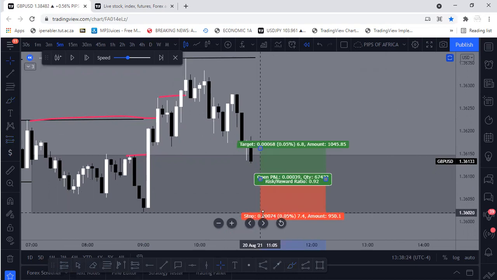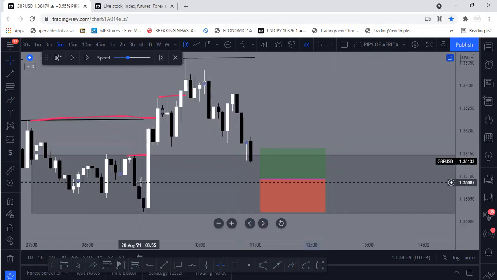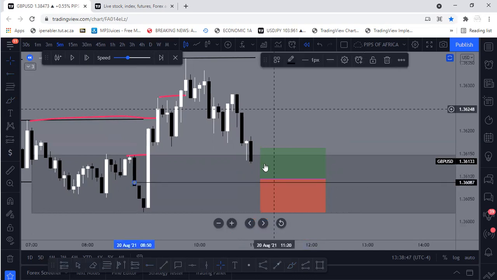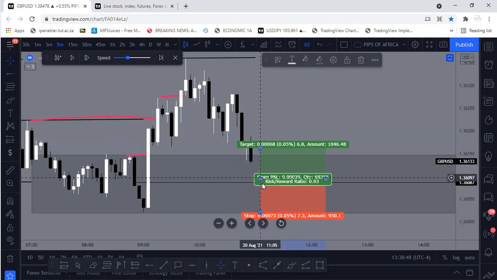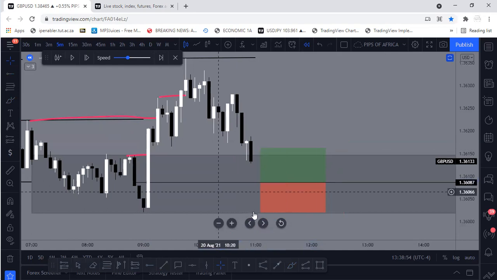Below this low, and then I use the 50% of the hourly order block. 50% of the hourly order block. And then I'm gonna take here. I'm gonna use this one.